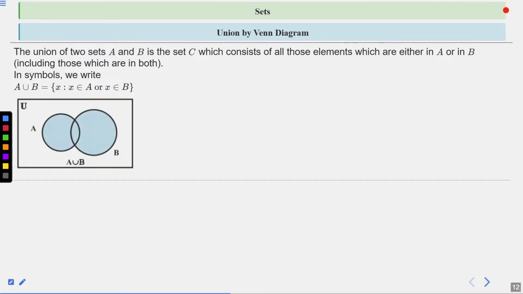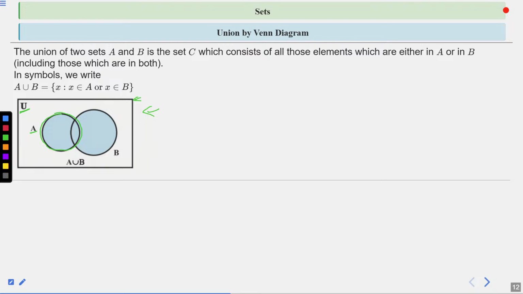The representation will be like this. U represents your universal set, which is represented by this rectangle. So the rectangle shows your universal set. A is a subset of this universal set U. So inside this rectangle we are drawing this circle.